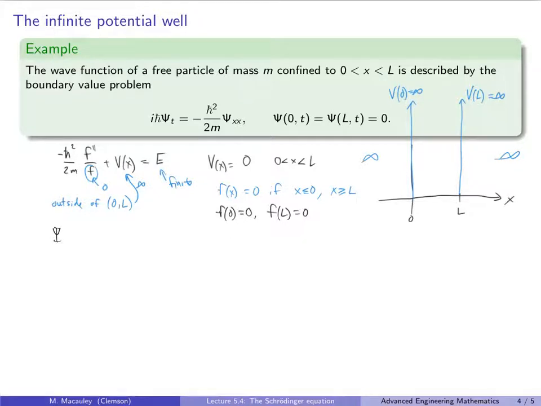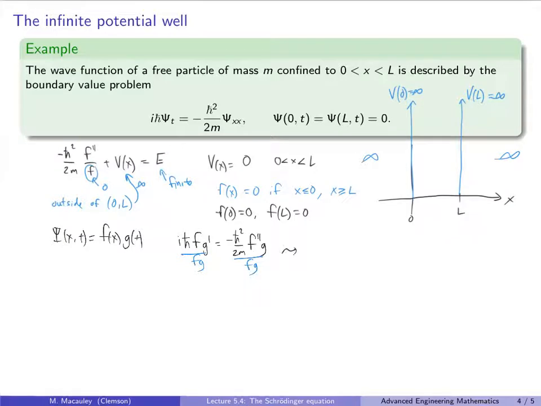So ψ(x,t) is f(x) g(t). And so when we plug this in, we get iħ f g' equals negative ħ² over 2m times f'' g. And we divide both sides by fg as before.